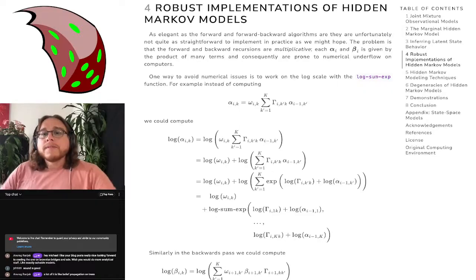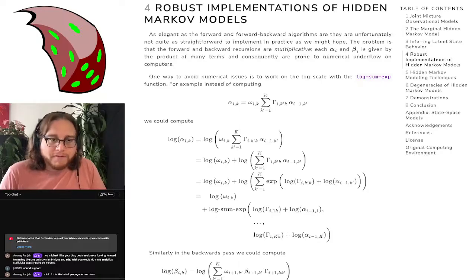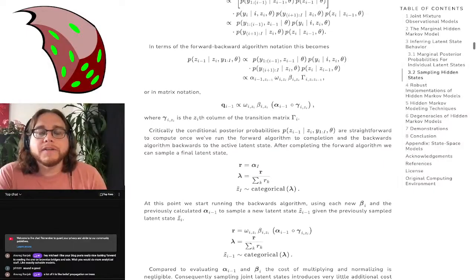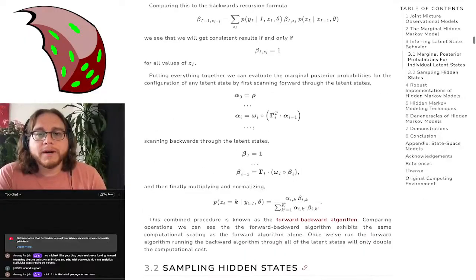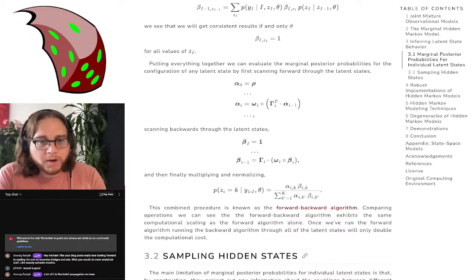All of that said, these algorithms as is are still not quite enough for practical purposes. The problem is that if you look at the recursive calculations that we have, notice that in the forward calculation for the alphas, we're not adding terms together, we're multiplying them, right?